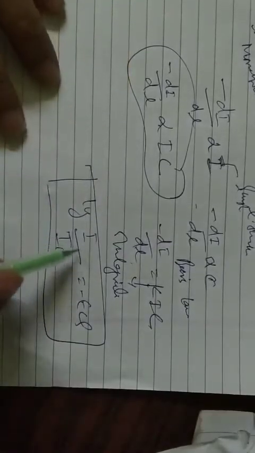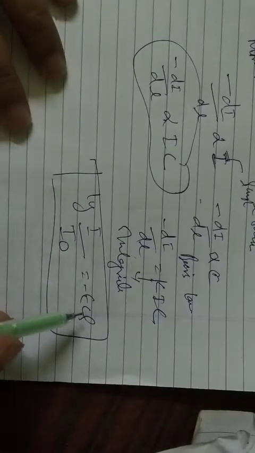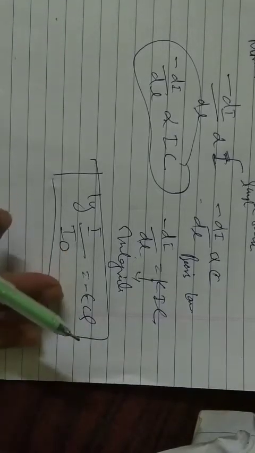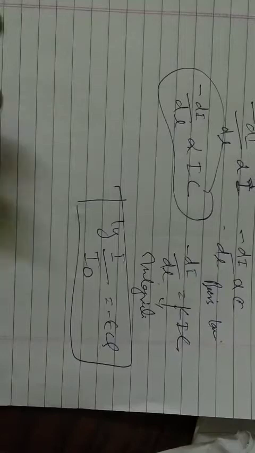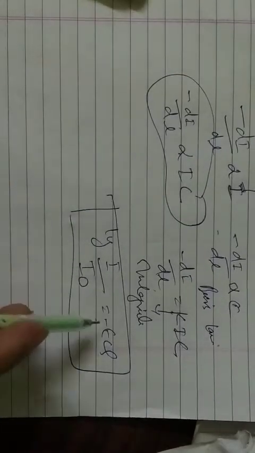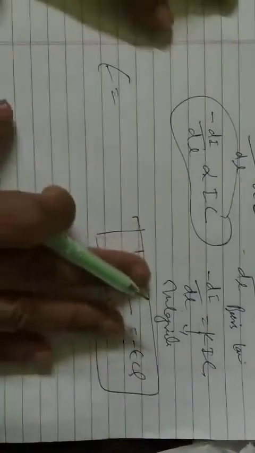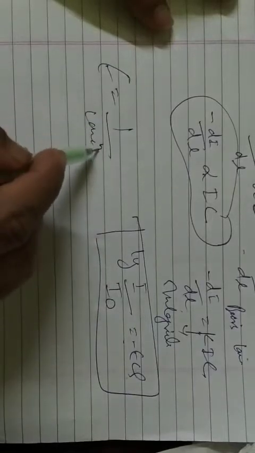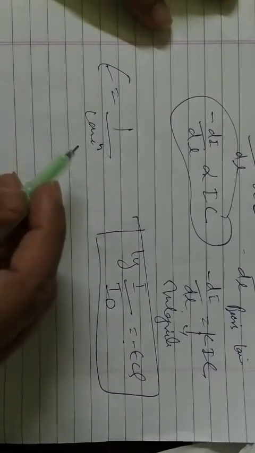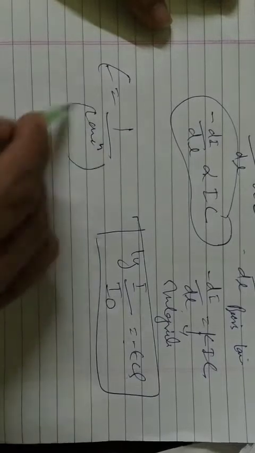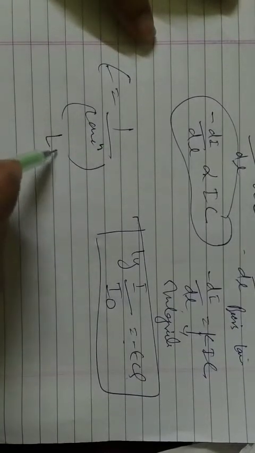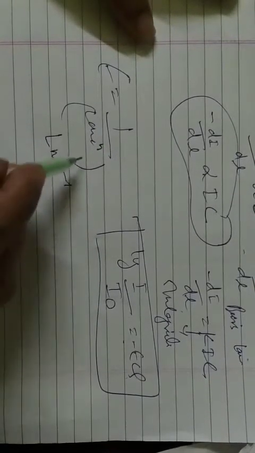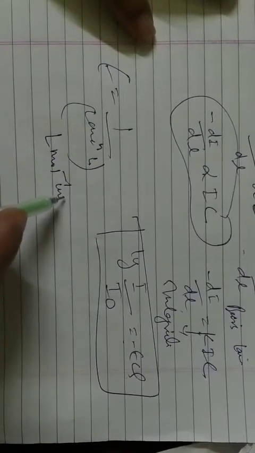On integrating, you get the final version of the equation of Beer-Lambert's law. This thing you have to keep in mind. And what is epsilon here? Epsilon is nothing but 1 by concentration, 1 by concentration and length, so the unit is liters per mole, and length is centimeters per centimeter.